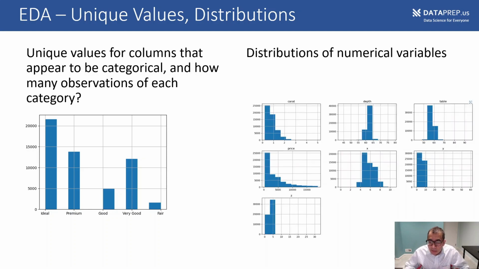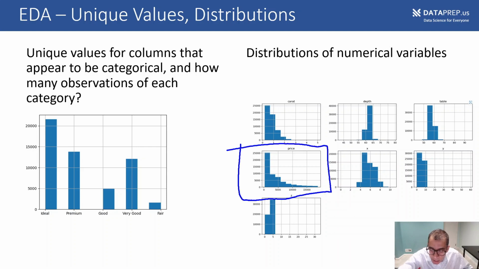For numerical variables, we can actually get a histogram, which means it is a continuous histogram. One interesting one to look at here is the graphic for price. We see that most of the diamonds are lower in value, and there are a few that are higher in value. So it is a very long-tailed distribution which skews down to the right.